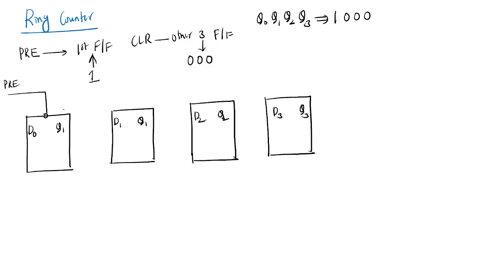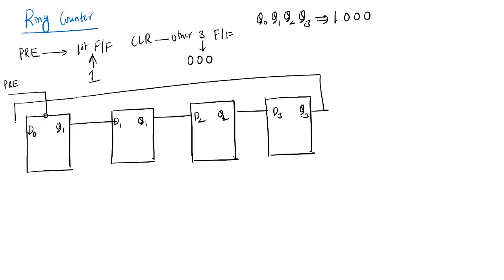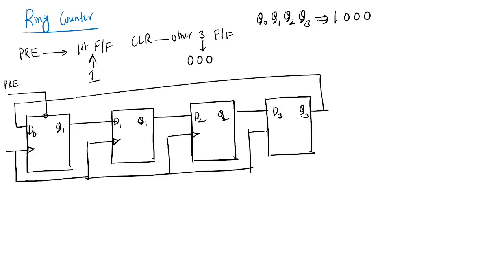Q3 is fed back to D naught. A common clock is given to all the flip flops.